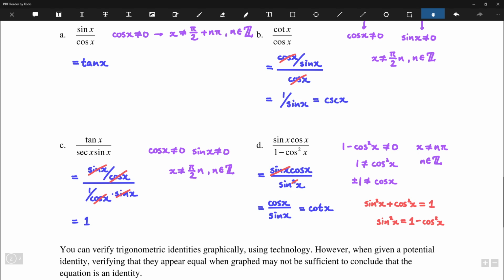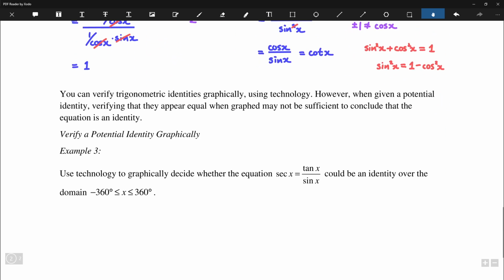So one more thing. We can also verify trigonometric identities graphically using technology. Again, similar to substituting in values, it is not always the way to go. But just for an example, if we want to show that secant x is equal to tan x over sine x, we can use a graph for that.